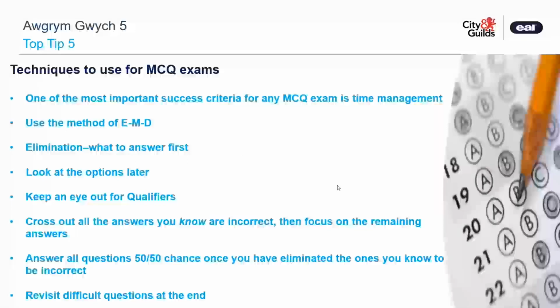So one of the tips is, if you give that learner a piece of paper and a pencil before the exam, and just get them to write down numbers 1 to 45 down the left-hand side of their page, and that's to do with 45 questions.